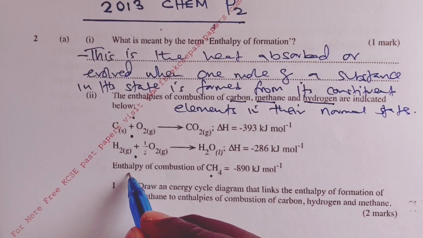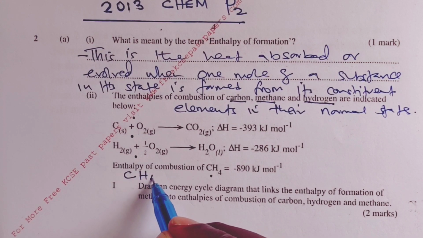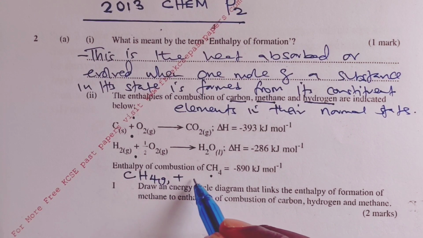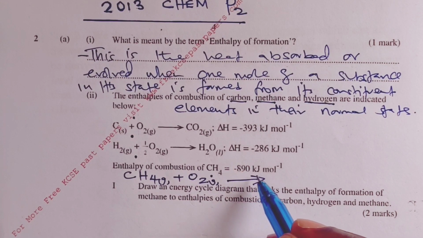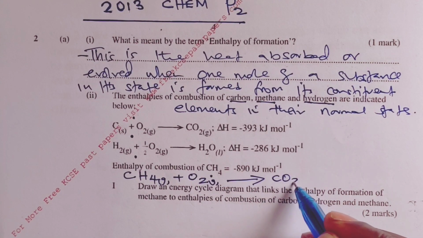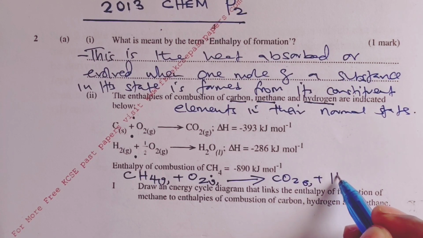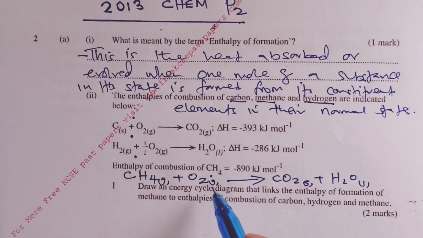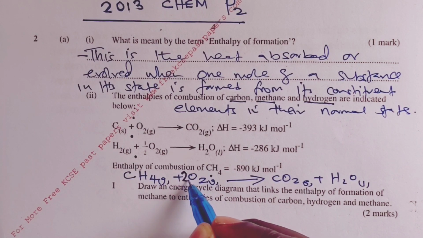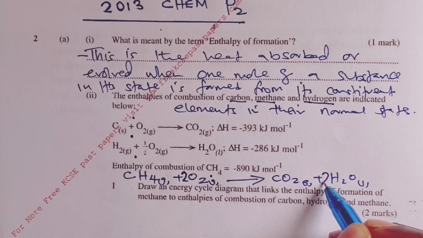Enthalpy of combustion of methane would mean that we are burning methane, of course 1 mole of it, in excess oxygen, and we shall obtain carbon 4 oxide and water, methane being a hydrocarbon. Now this equation would be balanced with a 2 on oxygen and a 2 on water.